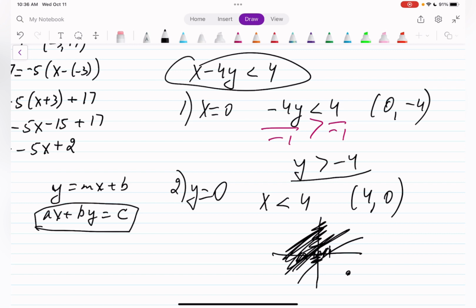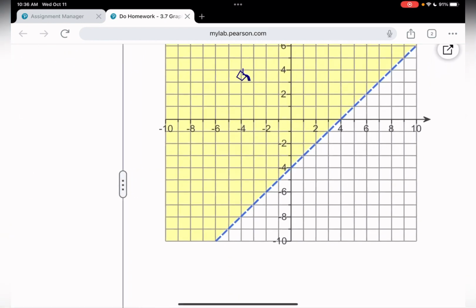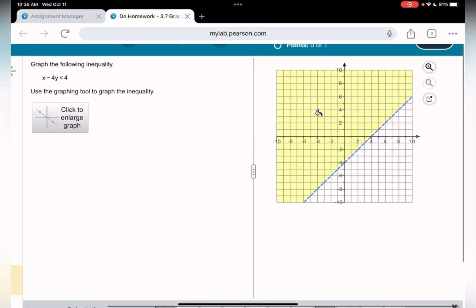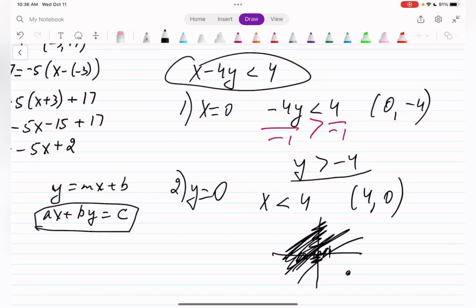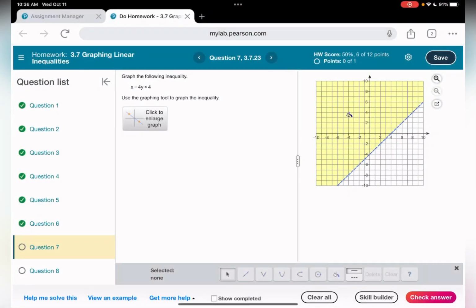So 0, negative 4, and 4, 0. Let's go double check. 4 and negative 4. Now let's check. Y is greater than negative 4, x is less than 4.